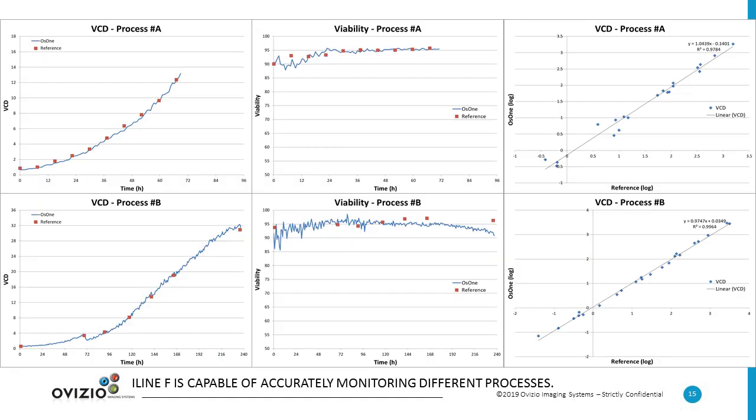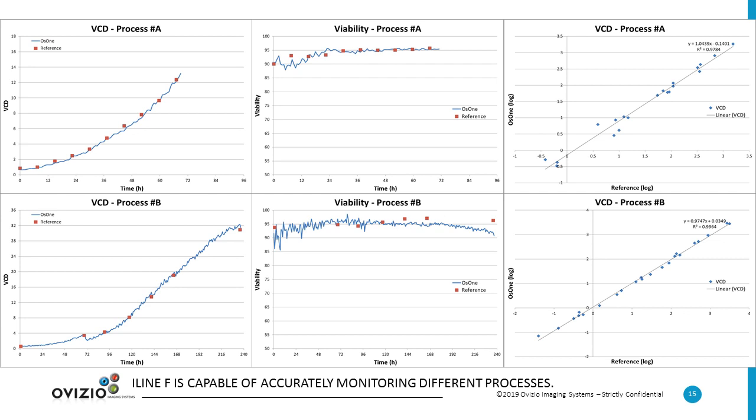What is probably even more interesting is that the Inline F is perfectly capable of accurately monitoring the differences in different processes. Of course you have different donors when talking about autologous CAR T processes, but as well between companies or even within companies, you have different processes for different products.